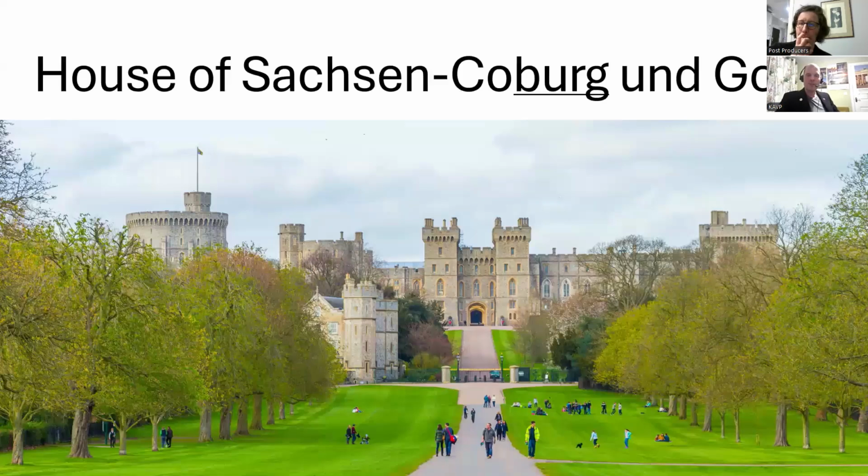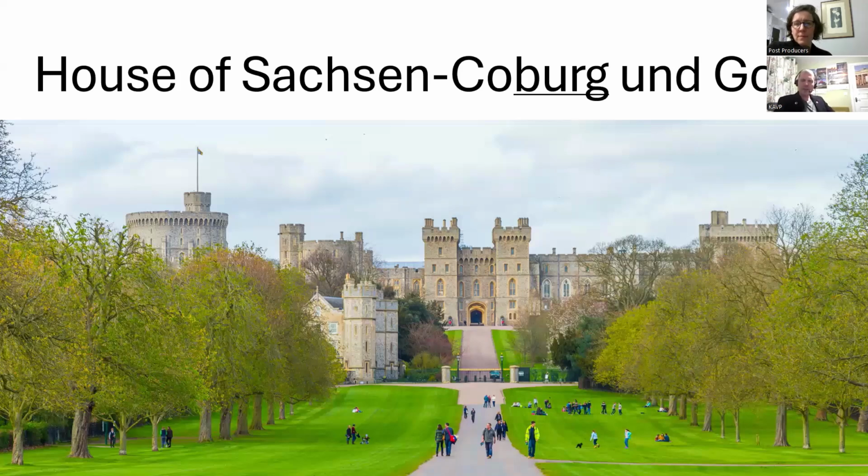We also have the royal house of Sachsen-Coburg und Gotha. The same thing happened to this house as did to Battenberg, which, as you remember, became Mountbatten. It was the house of Prince Albert, who was married to Queen Victoria, and when they died, it continued to be the royal house in the UK.